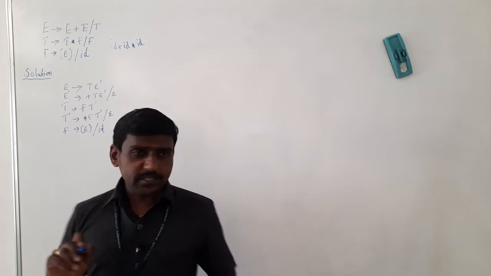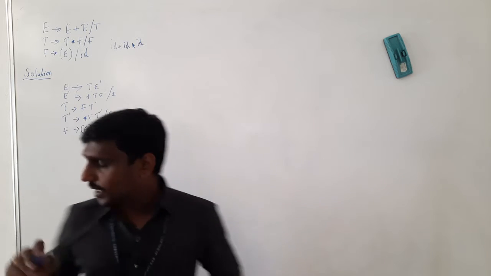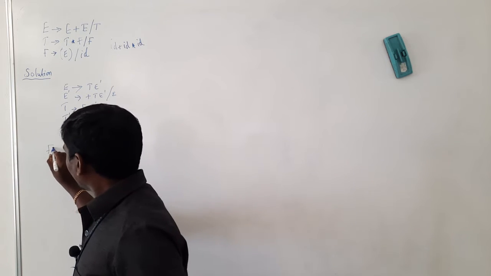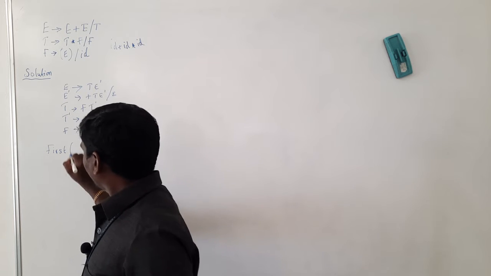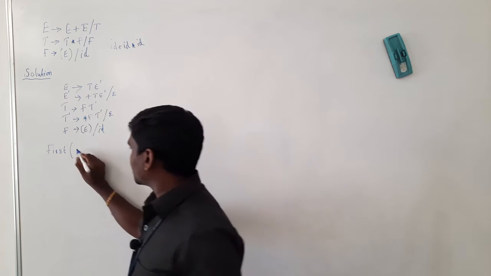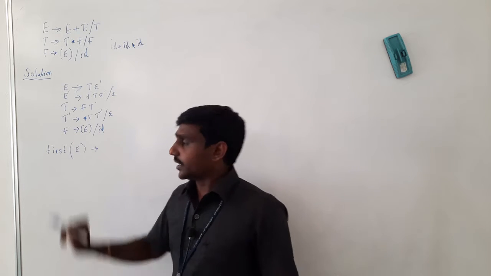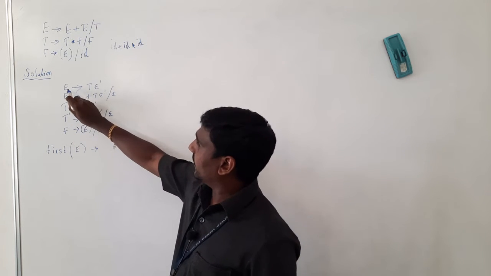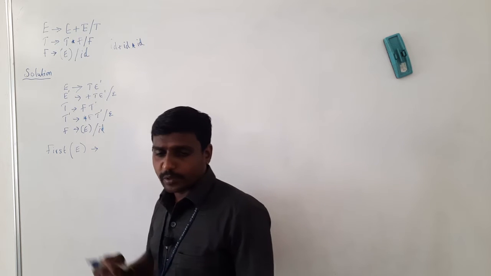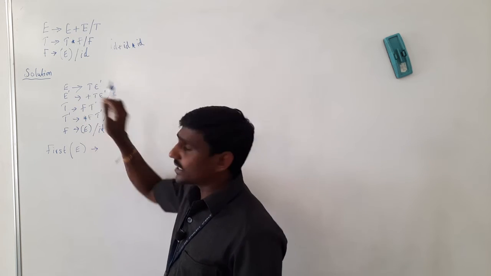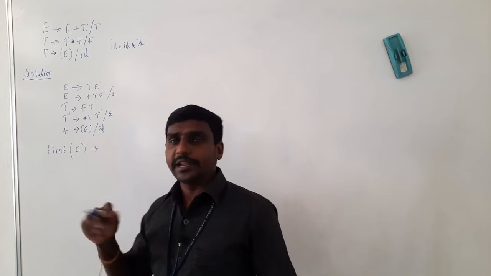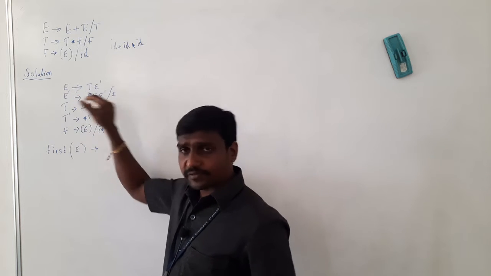First of E. How to find the first function? I have to check what comes immediately next to E. If it is a terminal, I can write the terminal. If it is a variable, first of E is first of that variable.